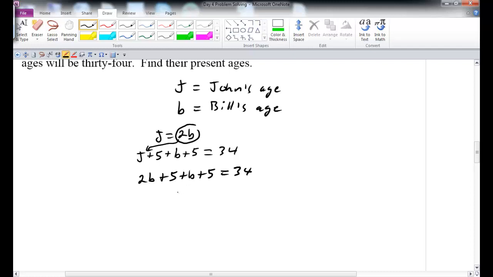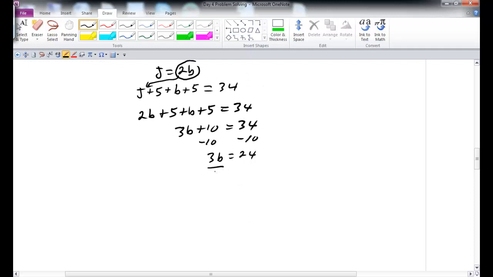Let's collect up some like terms. 3B plus 10 equals 34. Let's subtract 10 from both sides. 3B equals 24. Let's divide both sides by 3. B equals 8.